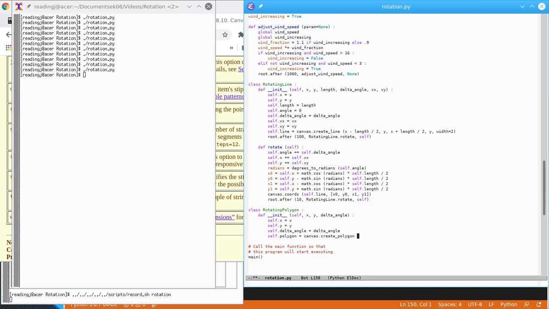So we're going to say, for side in range 6, angle equals side times 360 over 6.